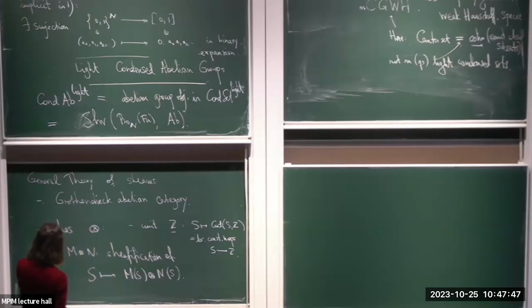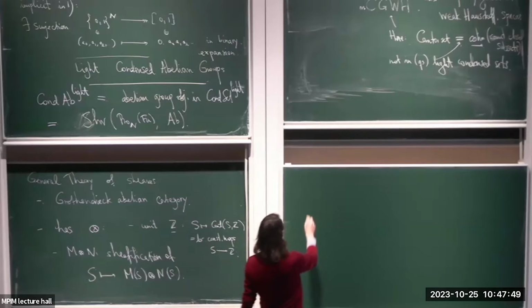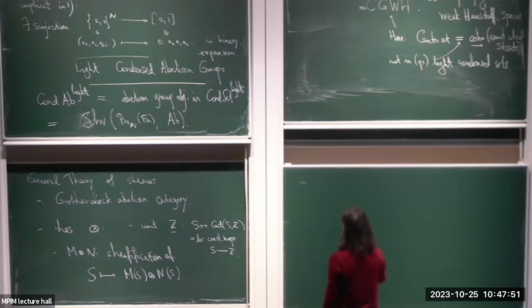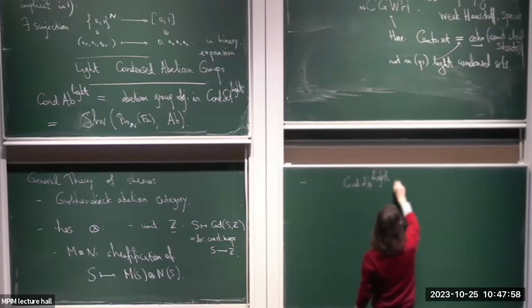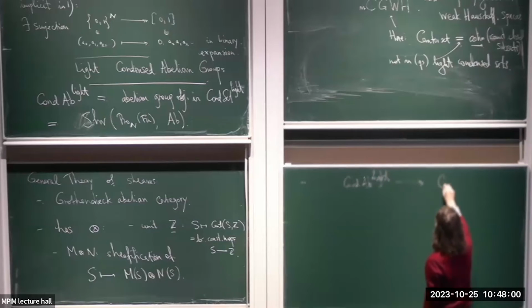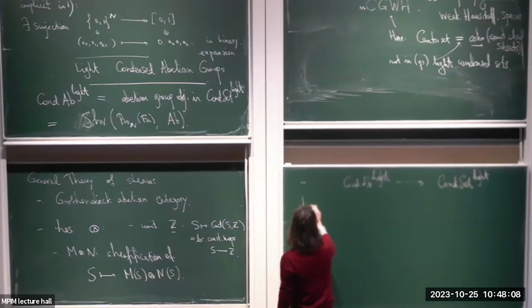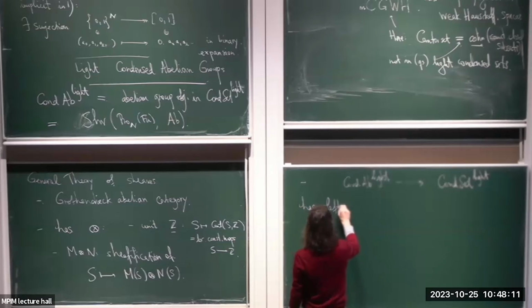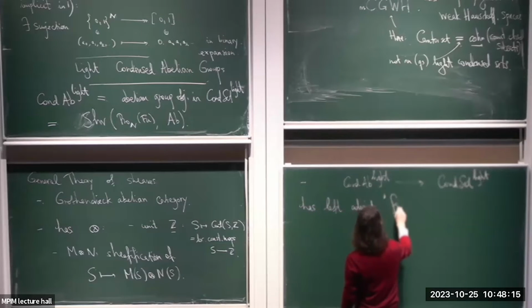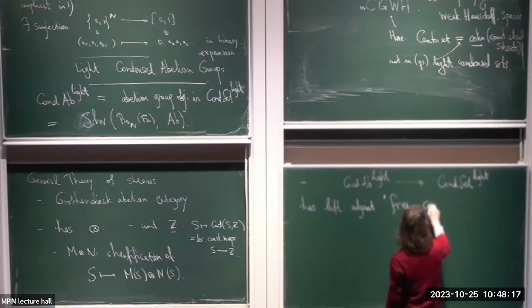And there's this further property that I want to stress, which is also completely general. If you have a light condensed abelian group, then you can forget the abelian group structure and just have an underlying condensed set. But this has a left adjoint, some kind of free construction, so the free condensed abelian group.